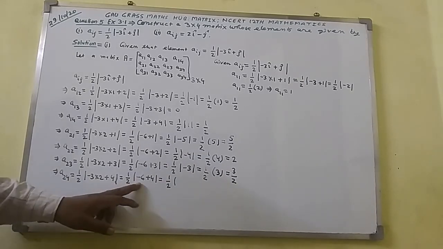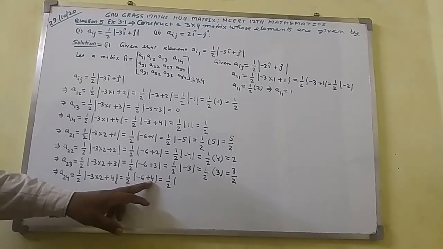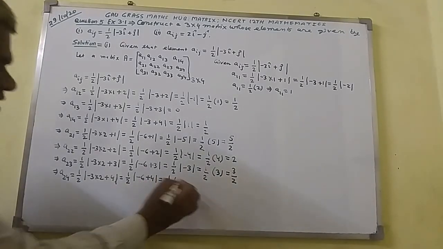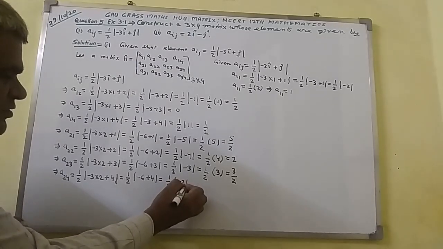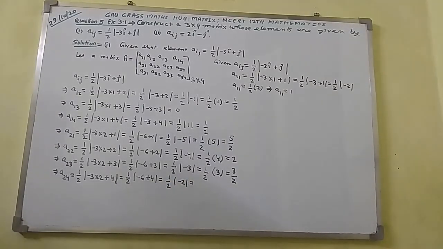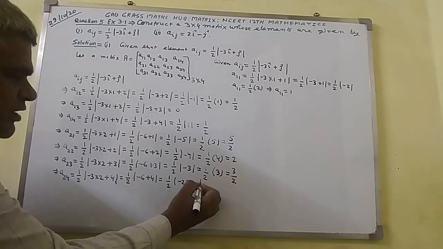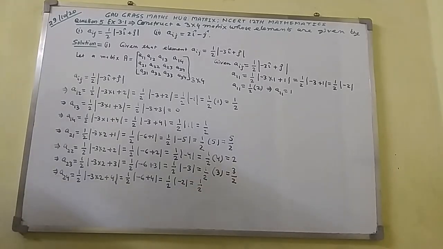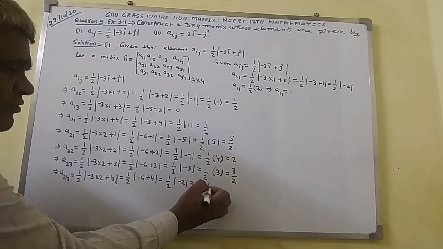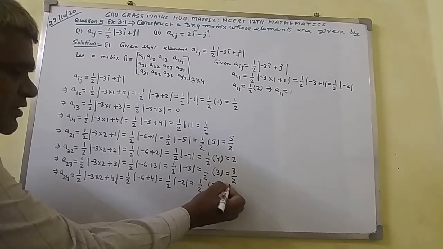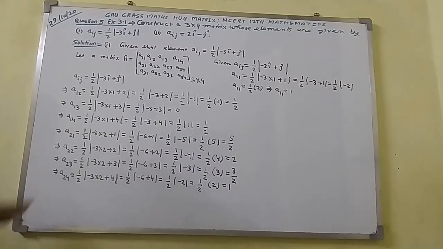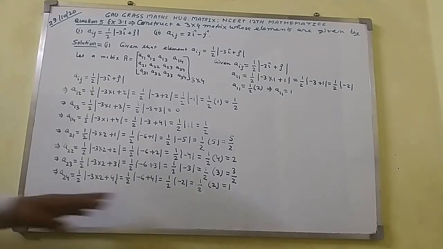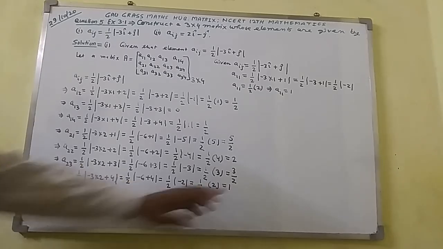Here minus 6 will be added to plus 4, we'll get minus 2. So 1 over 2 mod of minus 2 will give only 2, you will get 1. A input 24, you have got the result as 1.